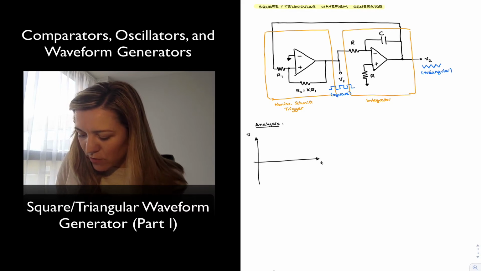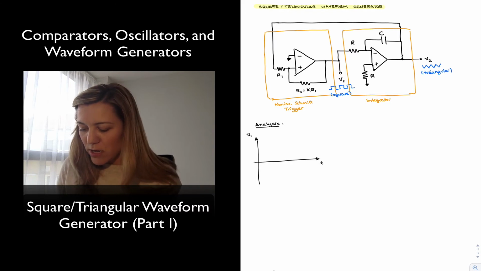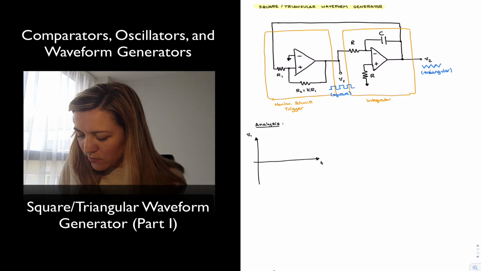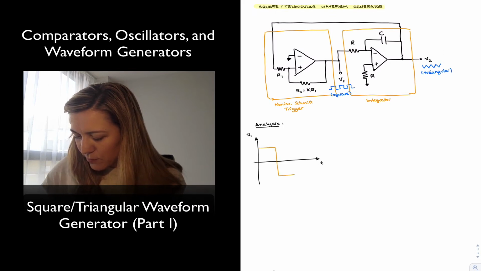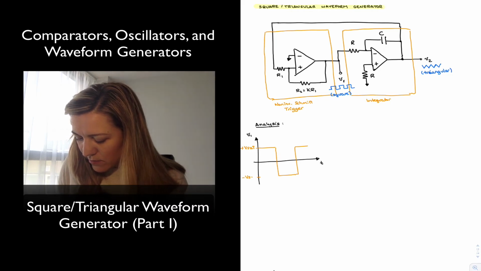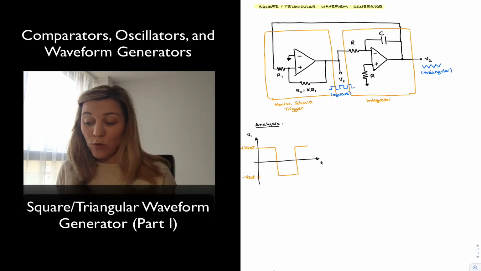So this is going to be V1, which is the output of the Schmitt trigger. And so it's going to be a waveform which oscillates between positive Vsat and negative Vsat, Vsat being the saturation voltage of the first op-amp.